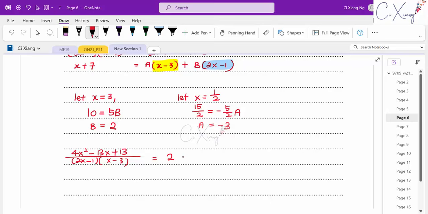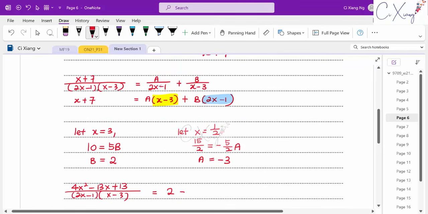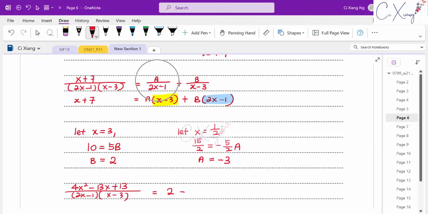The quotient that we get from the long division is 2, right? Then after that, I'm having this, which can be separated into these two partial fractions. So A divided by 2x minus 1. A is negative 3, therefore when I write out, it will be negative 3 divided by 2x minus 1. And then what's the value for B? B is 2. Therefore, I'm having 2 divided by x minus 3. So this is how we actually get the partial fraction from an improper fraction.